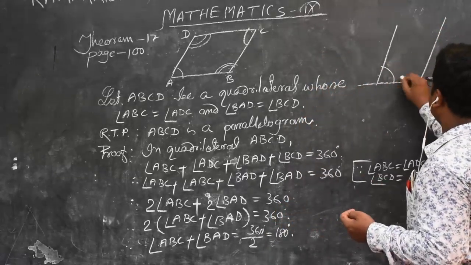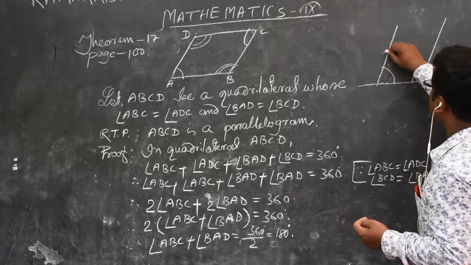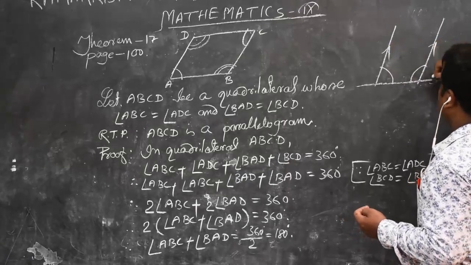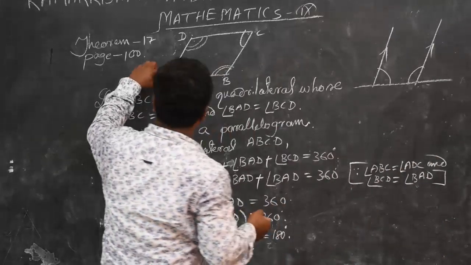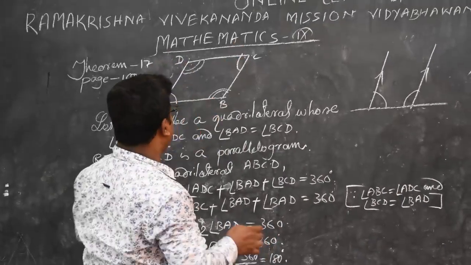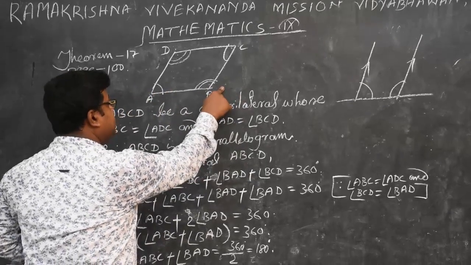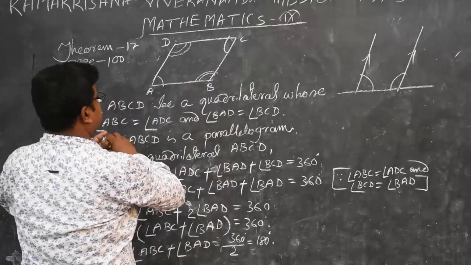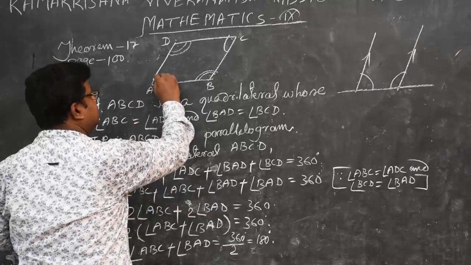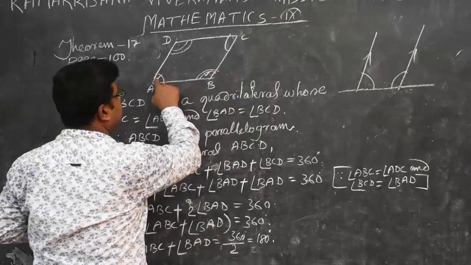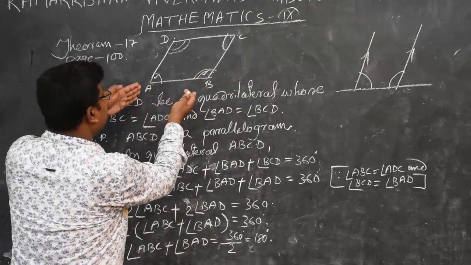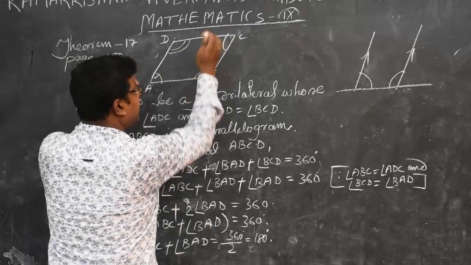If the sum of these two angles is 180 degrees, then these lines will be parallel. Here AD and BC are any two straight lines. The transversal AB cuts them at points A and B respectively. The sum of the two co-interior angles is 180 degrees, so the lines AD and BC are parallel.